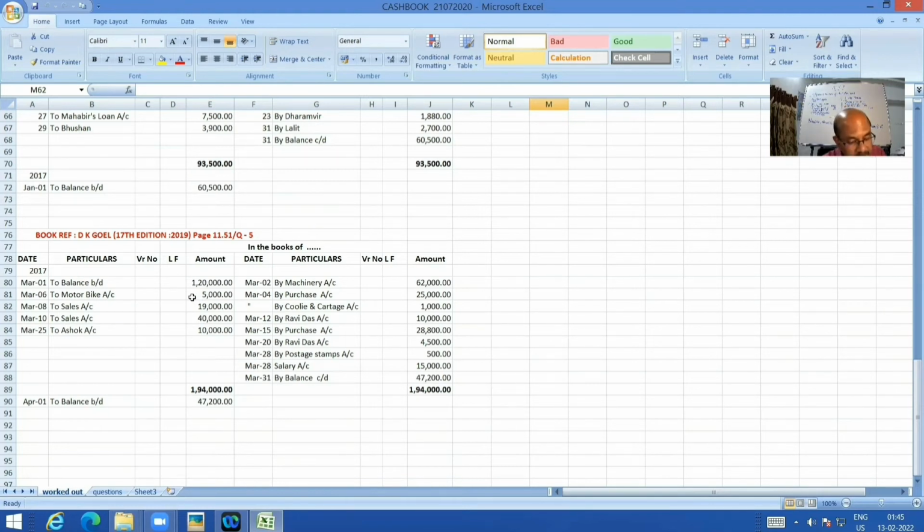Bought machinery for 60,000 and paid carriage. Keep it in mind, students. Why I have written buy machinery 60 plus 2,000, 62,000 is that. The fundamental rule, you please keep it in mind. If an asset is purchased, all incidental expenses till the asset is installed in your office will be part and parcel of the original cost.